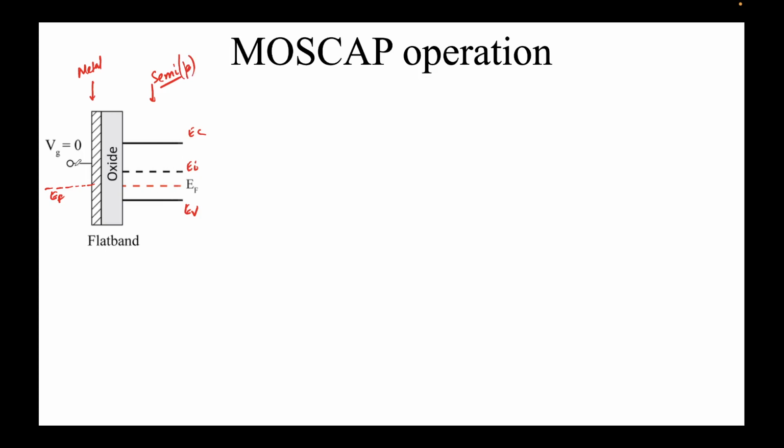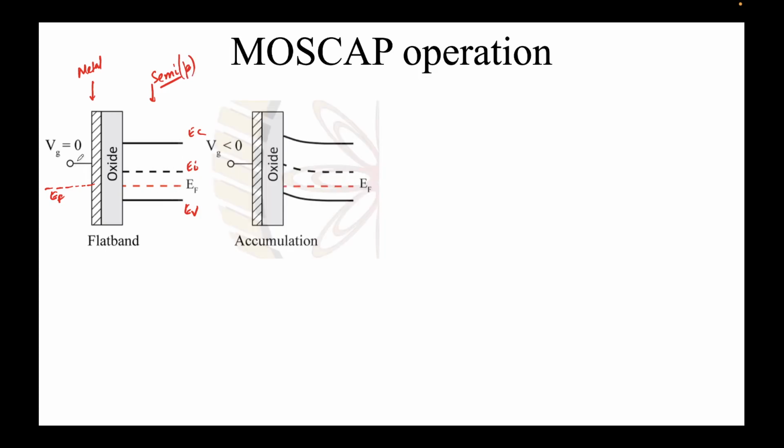If we apply some negative voltage, obviously some electric field will be taken up by this oxide. Remember, it has some dielectric constant and some finite thickness. With electric field there is always a potential associated, so some of the potential will drop here, some will drop here.